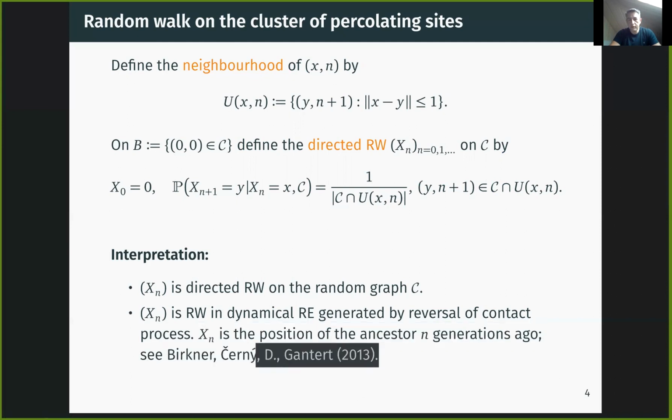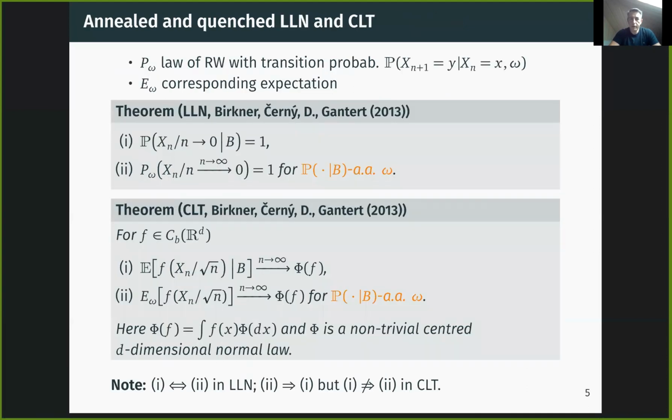This can be found in this paper by myself with Matthias Birkner, Jerzy Czerny, and Nina Ganter. In that paper, we have proven the law of large numbers, annealed and quenched, which are equivalent, and we also have proven the central limit theorem in the annealed and quenched versions.